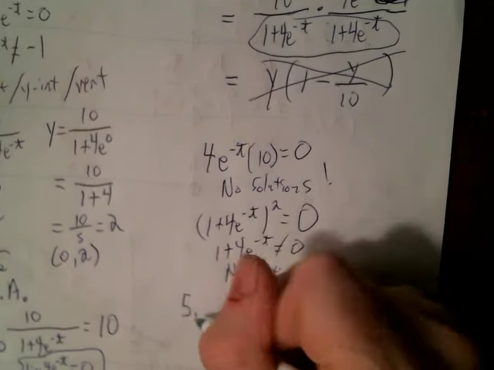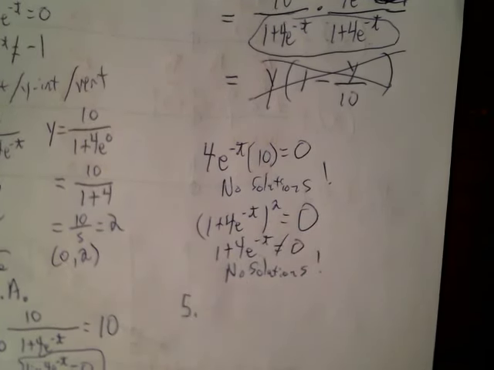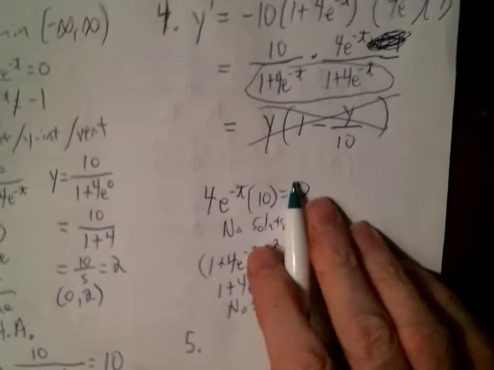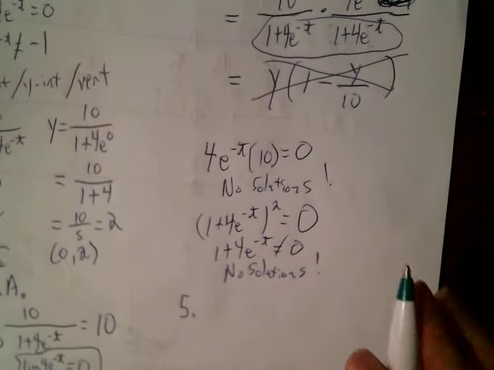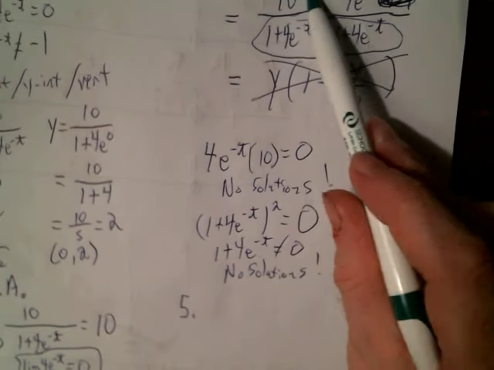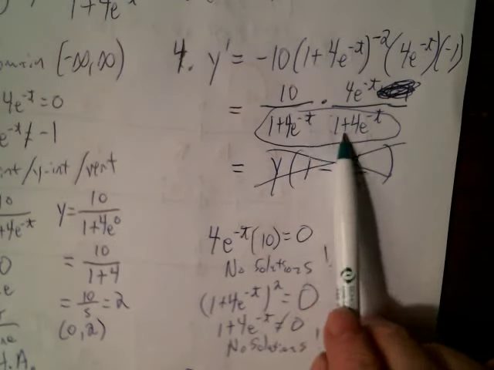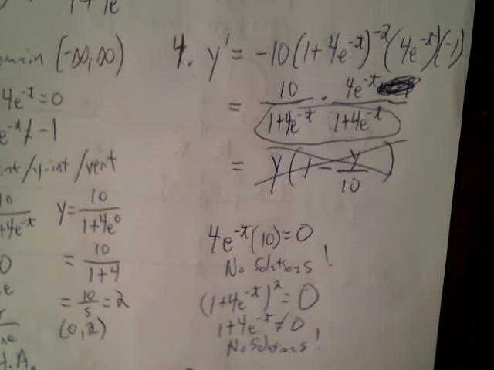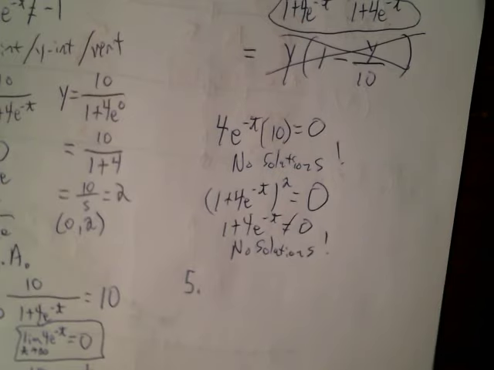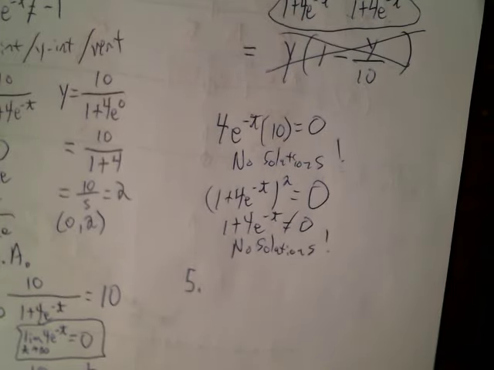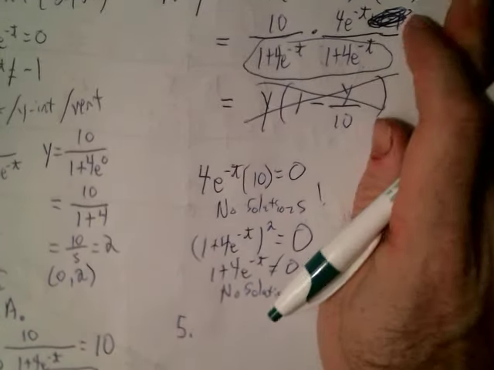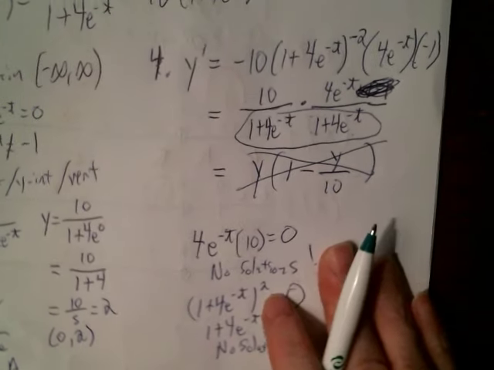All right, let's look at 5, and this is where I was kind of hoping just to work with this secondary form of the derivative, trying to avoid having to take the derivative of this mess here. You know, I guess, sure, let's go ahead and take the derivative of the mess.